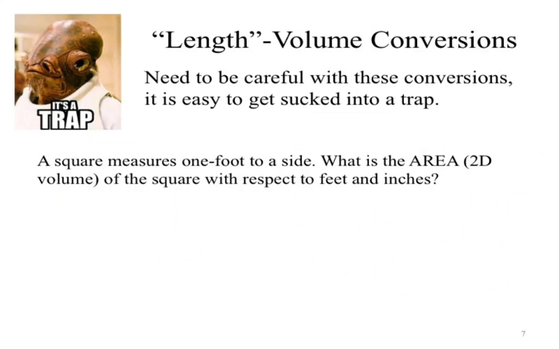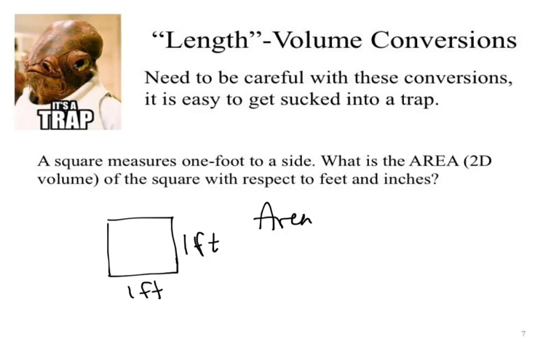Well, let's take a square that measures a foot to a side. Okay, apparently this class isn't as up to date with their internet memes. Okay, so we've got 1 foot to each side. What's the area? How do we calculate area? Length times width, for a square at least.